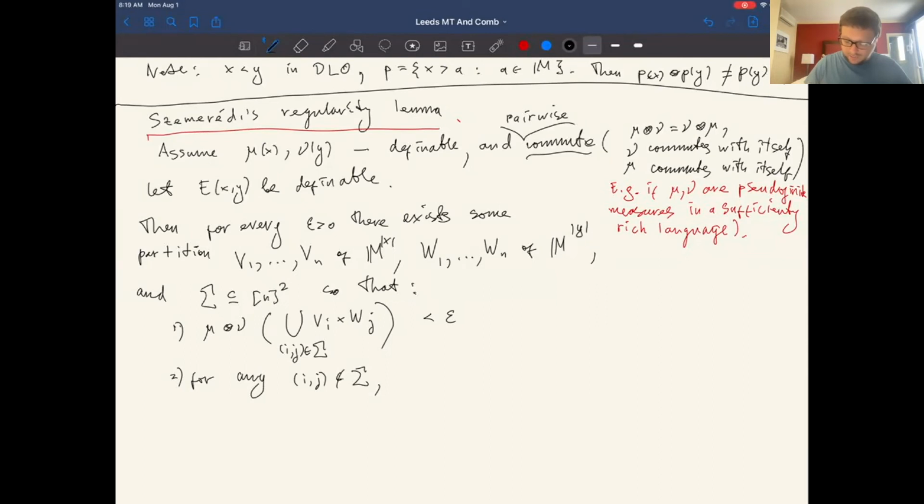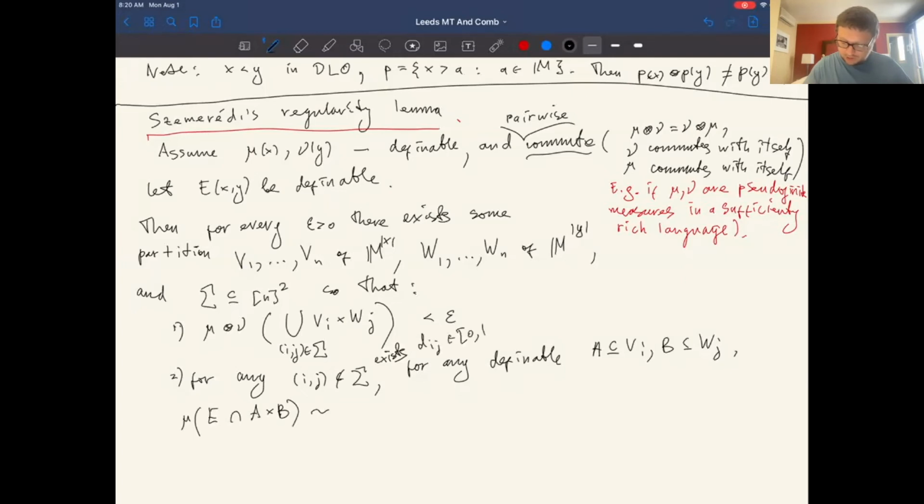So for any definable A subset of Vi, B subset of Wj, there exists a real number Dij in the interval [0, 1], which represents the density, so that the measure of the edges on A times B is approximately, up to epsilon, Dij times the measure of A times the measure of B.